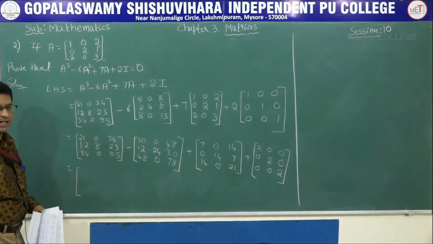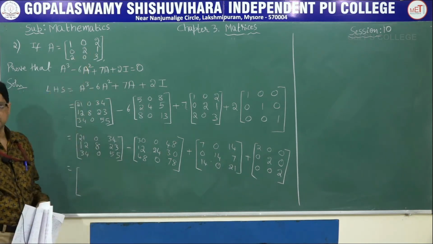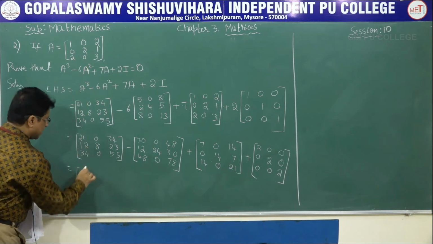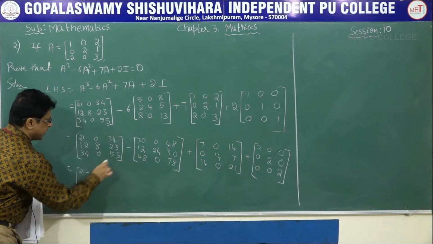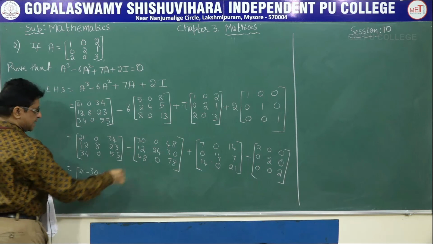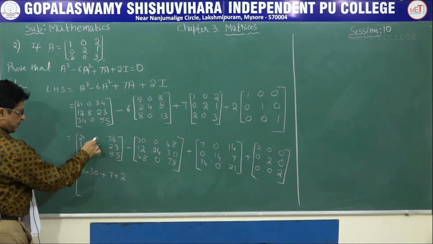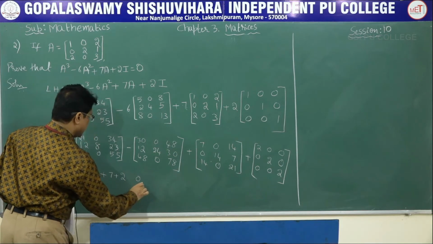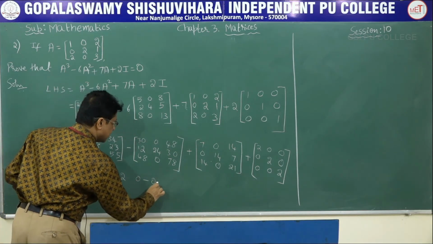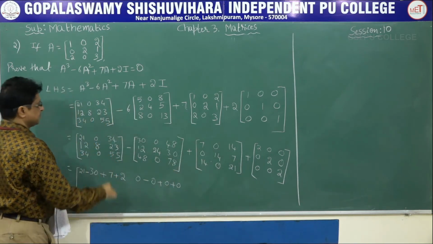So here we add or subtract the corresponding elements. 21 minus 30 plus 7 plus 2. Next 0 minus 0 plus 0 plus 0.